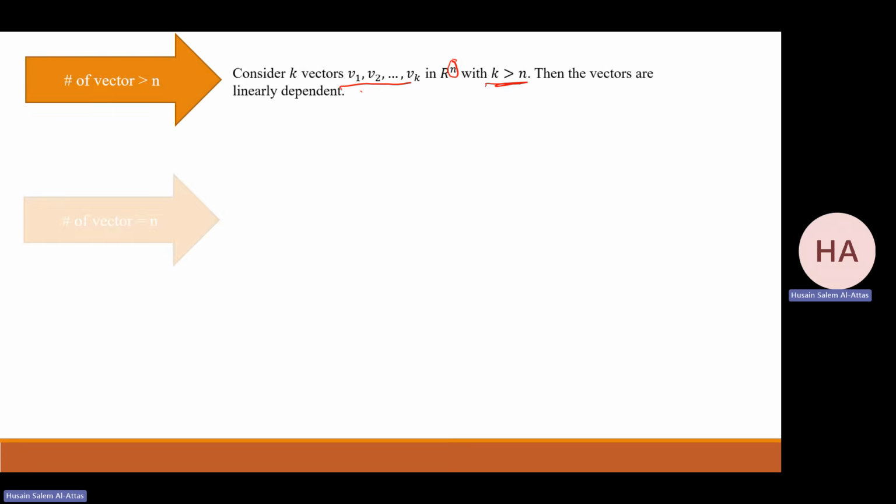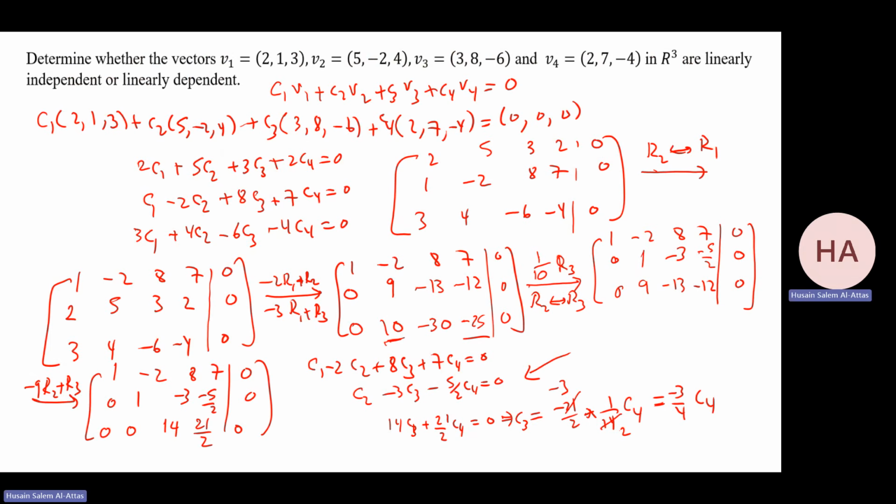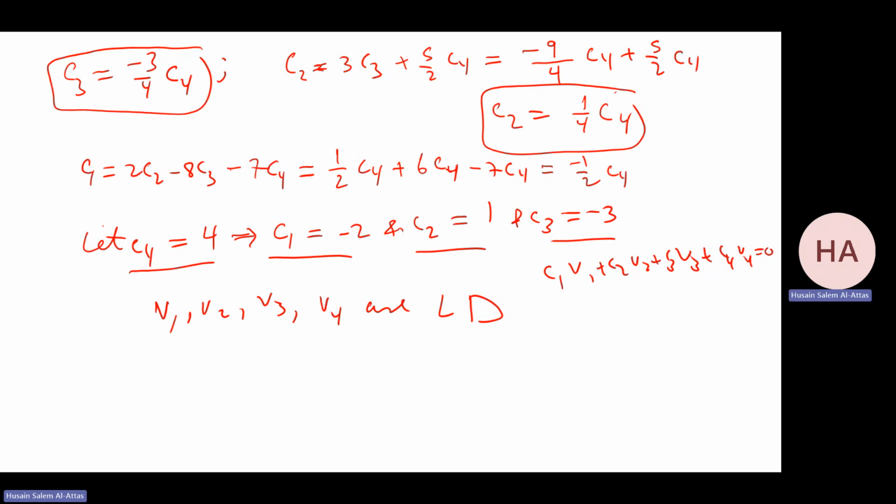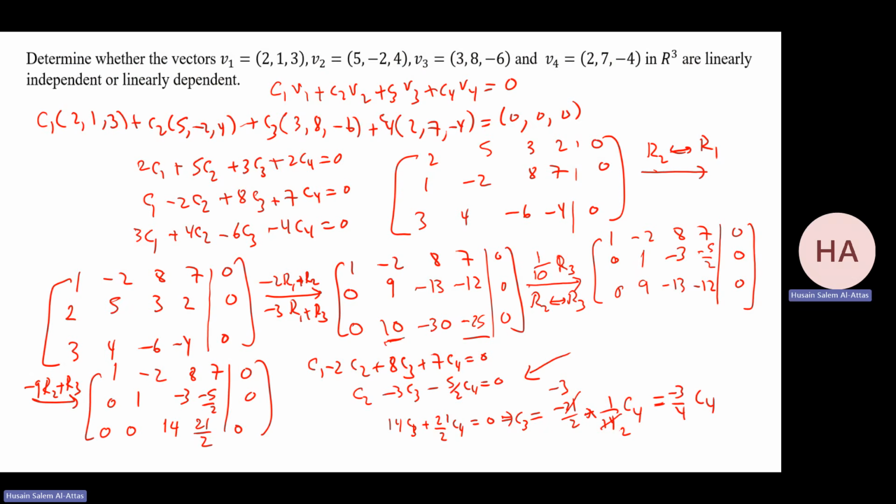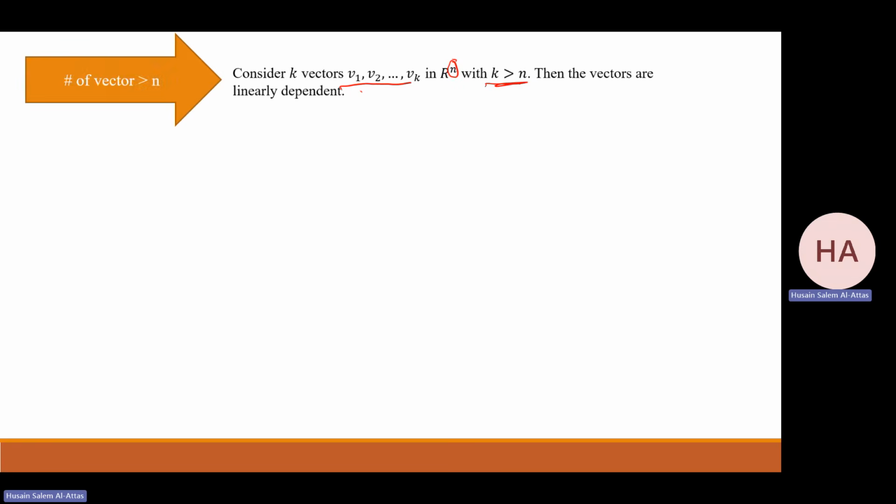For example, in this case we have 4 vectors in R3. Right away, without doing any of these calculations, I can conclude these vectors are linearly dependent.